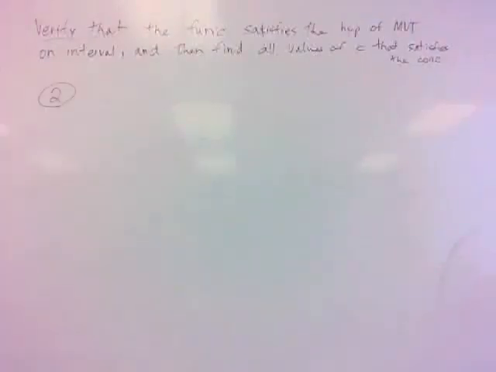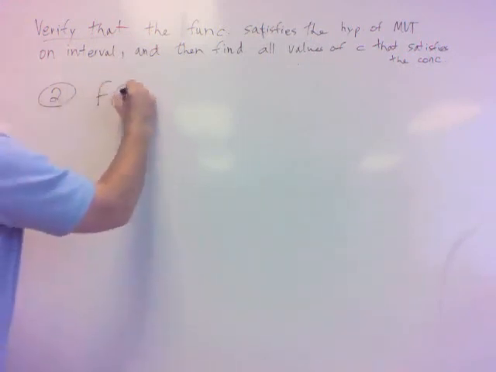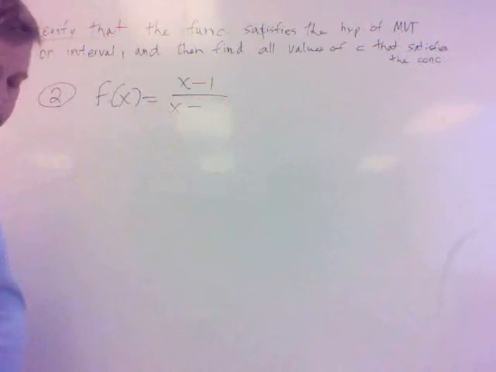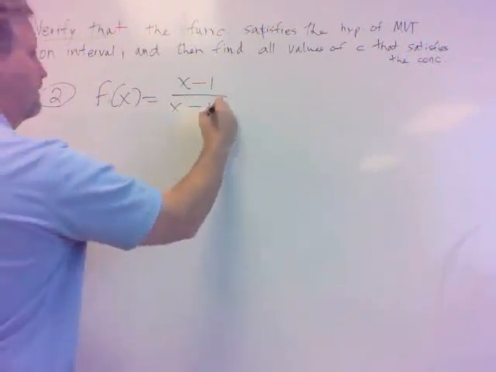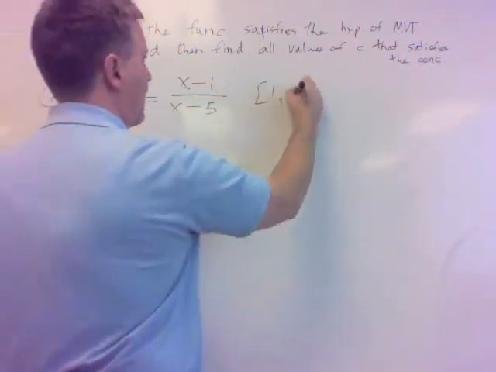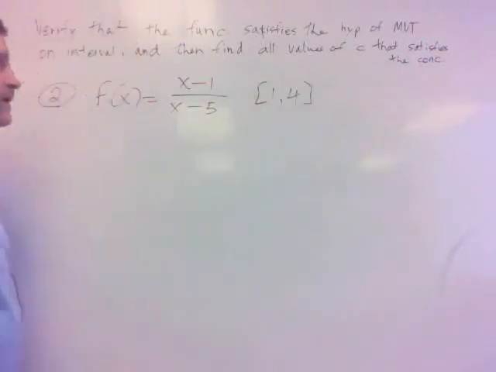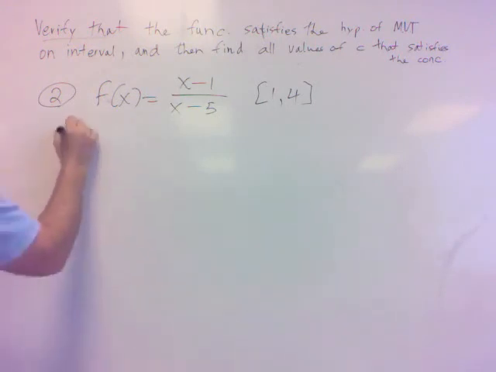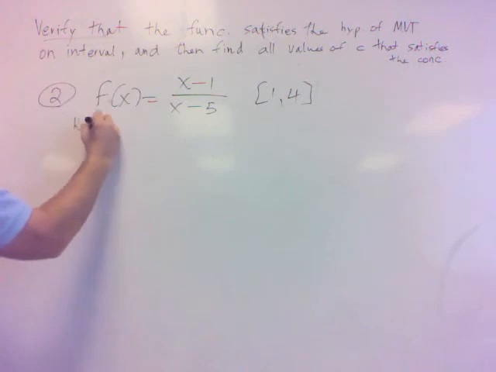Same thing. Verify the hypotheses, find the C. F of x equals, in this case though, x minus 1 over x minus 5. And the interval we're on is 1 to 4. Well, you might be thinking, whoops, I see where it's not continuous here, so are we going to run into a problem? Well, here's the thing. The first thing, verify the hypotheses.